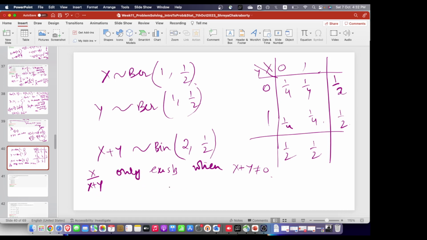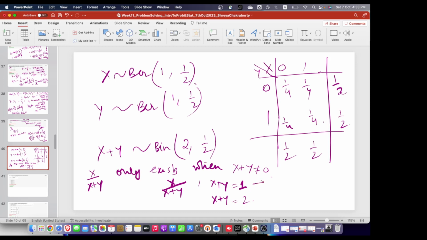So x by x plus y will exist only when x plus y equals 1 or x plus y equals 2.